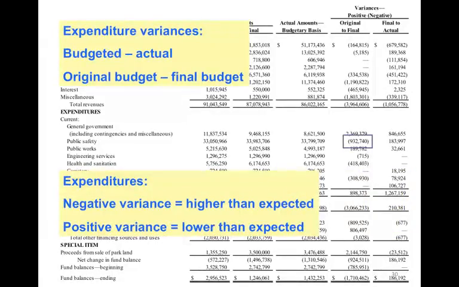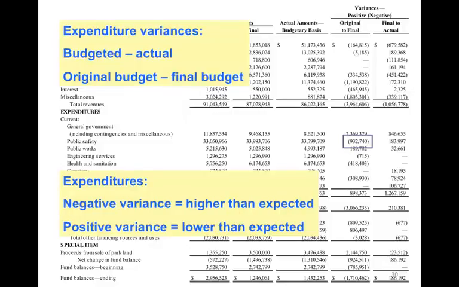So a negative variance, again, higher than expected expenditures, I'm sorry, are going to drive the deficit, whereas lower than expected expenditures would reduce the size of the deficit. Again, remember, this is not negative and positive in a qualitative sense. It's just the impact it has on the difference between revenues and expenditures.